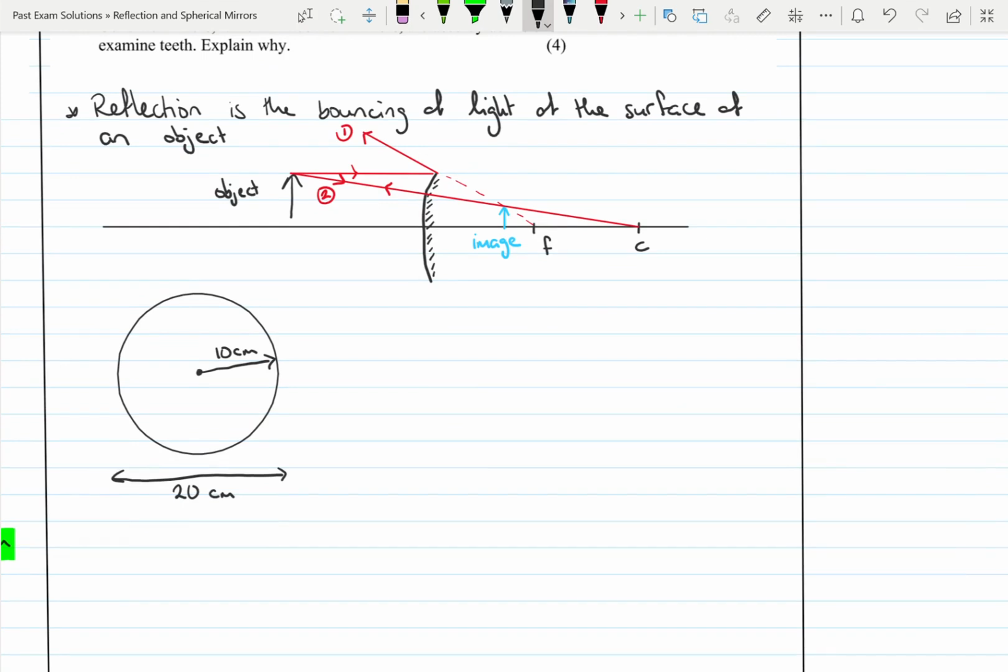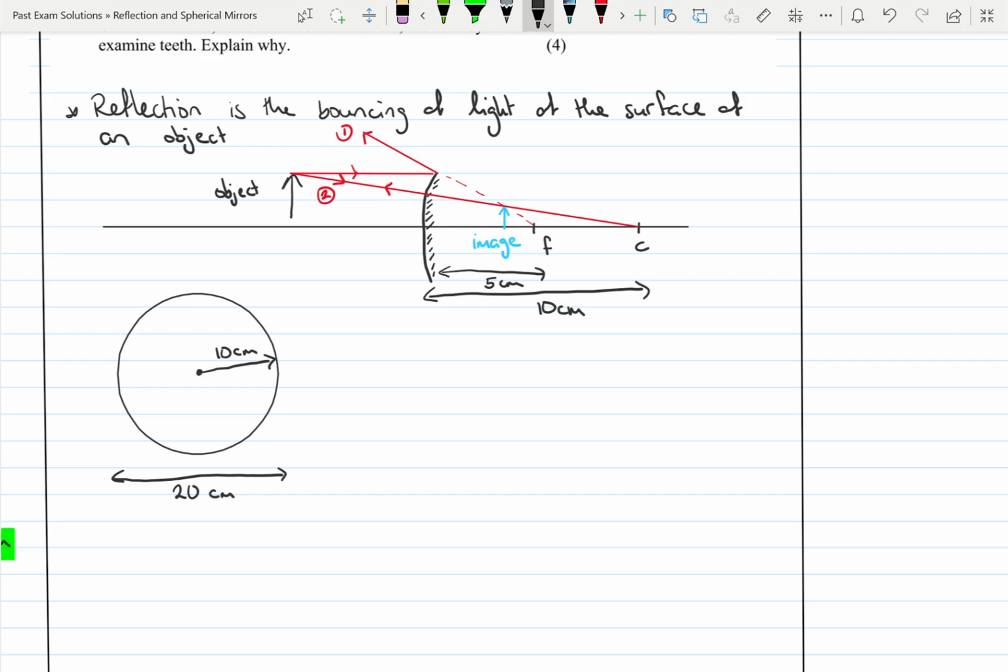Now we should recall, if we look back up at the diagram that we did previously, the center of curvature equates to the radius. So now we know that the distance from the center of curvature to the pole is 10 centimeters. Therefore, the focal length is 5 centimeters. There's a little bit of deduction from that.